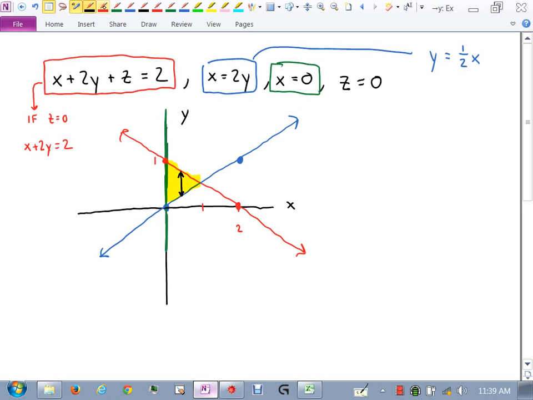Let's take a moment to label these things because we never did. This one on top was the x plus 2y equals 2. The blue one on the bottom was y equals 1/2 x.